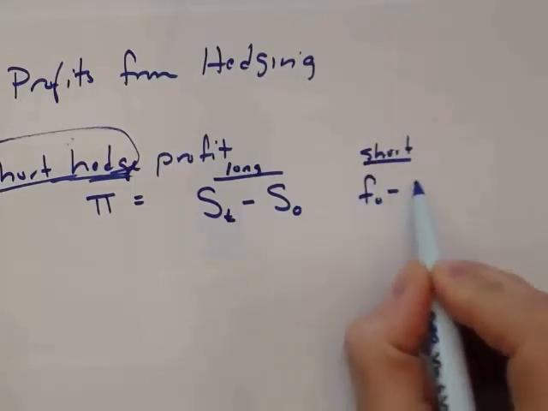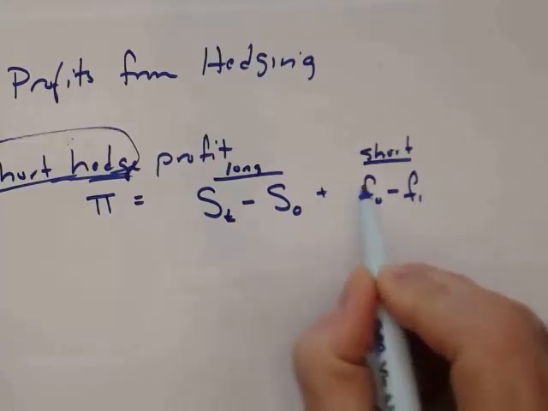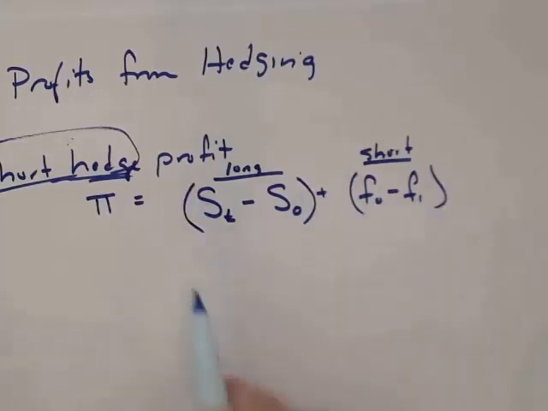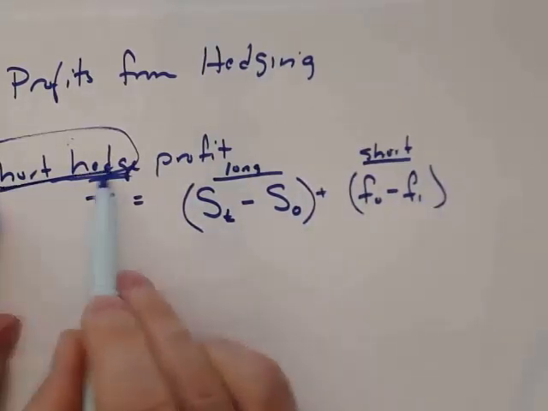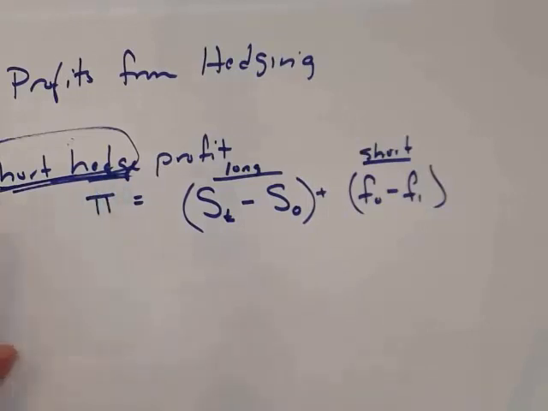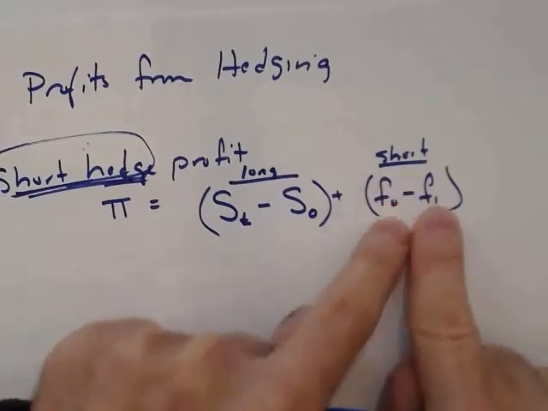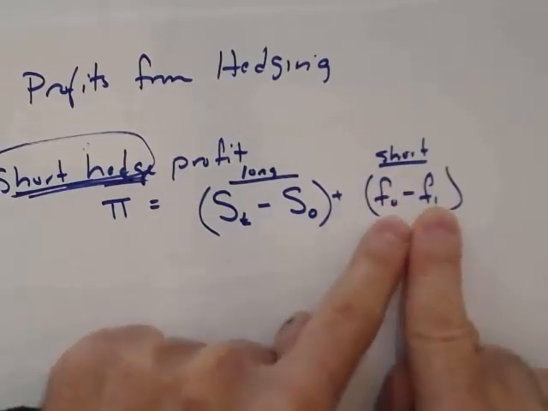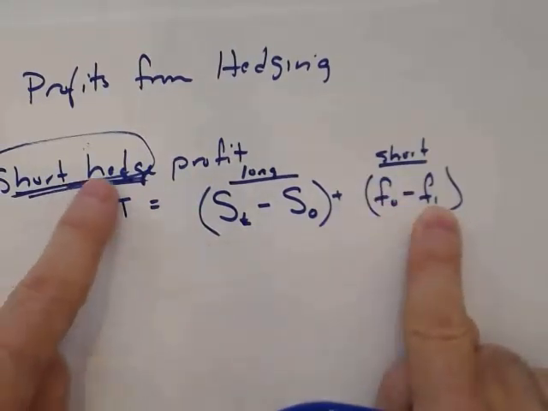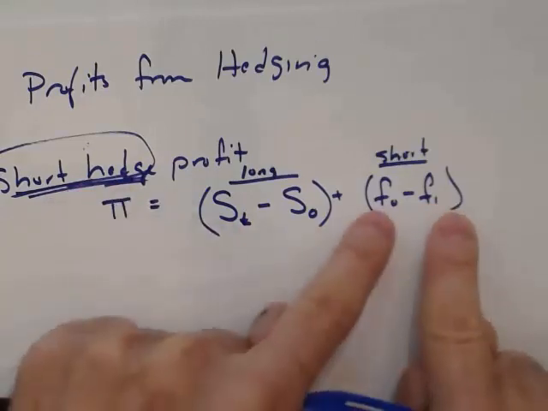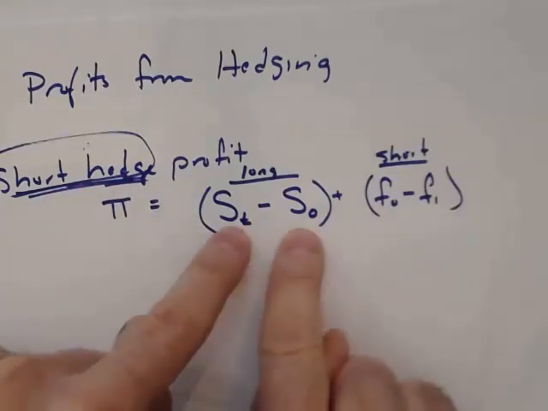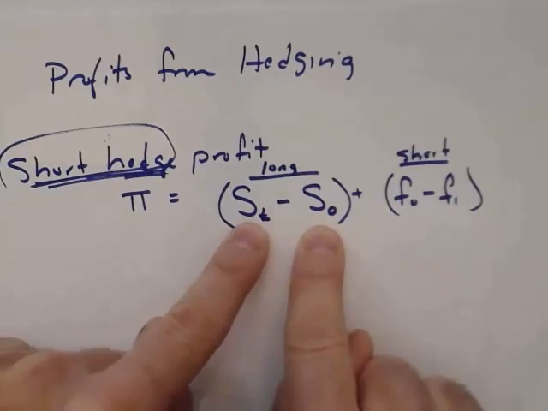I want to make sure I'm clear. When the textbook talks about a short hedge, it's not only referring to the short position, and the short part is referring to the futures position. But when it talks about the hedge, it's not only the futures position, but the underlying spot that your textbook is referring to here.